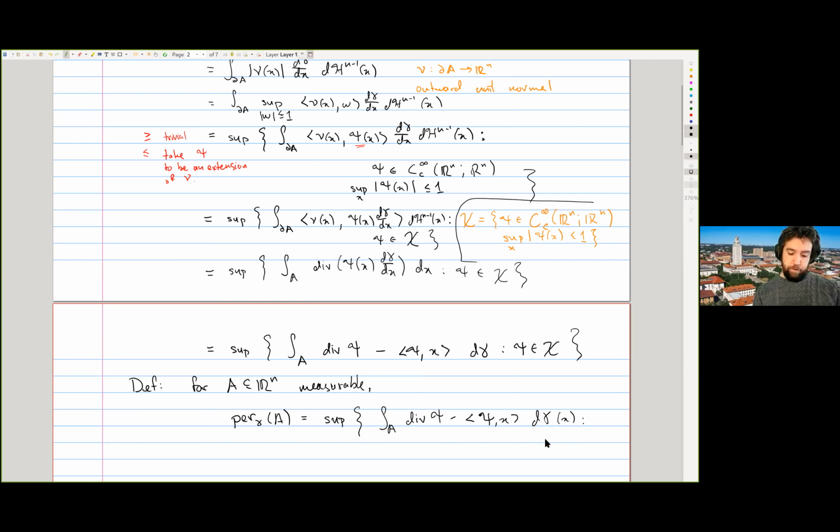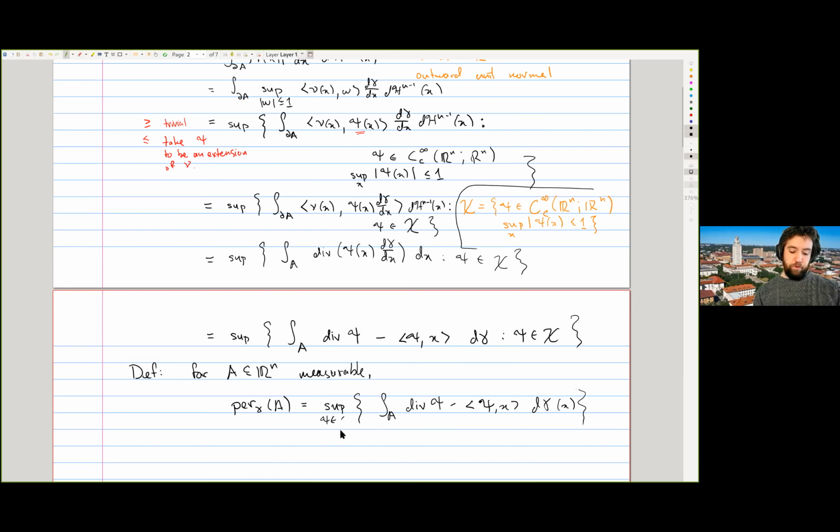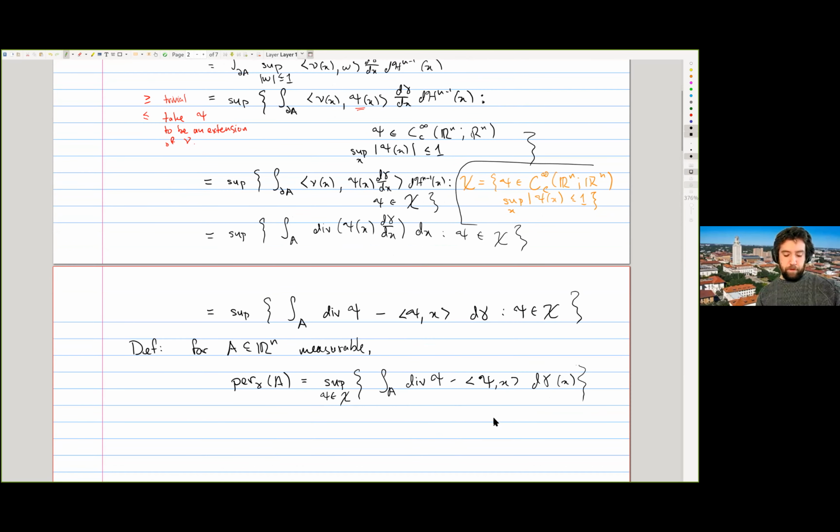And it's the supremum over smooth compactly supported vector fields with norm bounded by 1. Okay, so that's the definition of Gaussian perimeter.